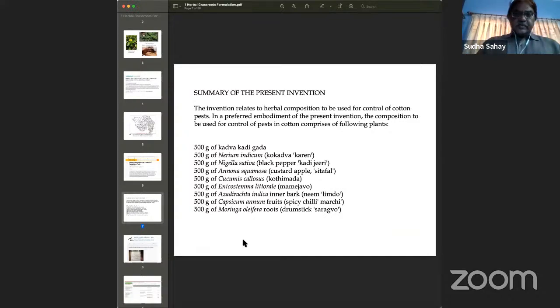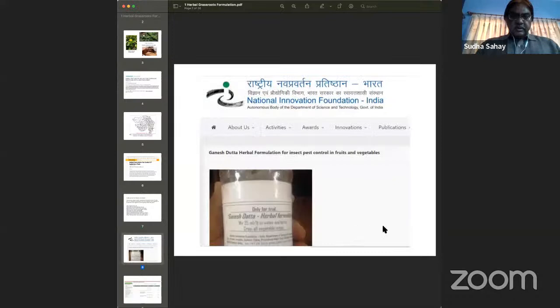This is for controlling insect pests, particularly for fruits and vegetables.